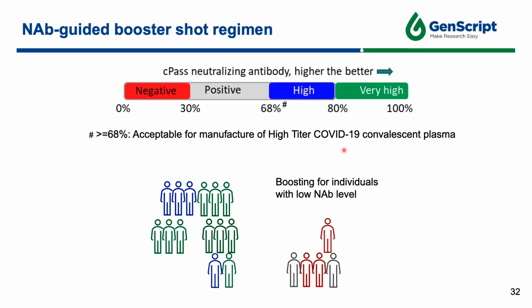If your cPass value is lower than that, it is recommended to take a booster shot, especially if you need to travel or if you need to frequently interact with people. For this value, the higher the level of the inhibition percentage, the better protection we have.